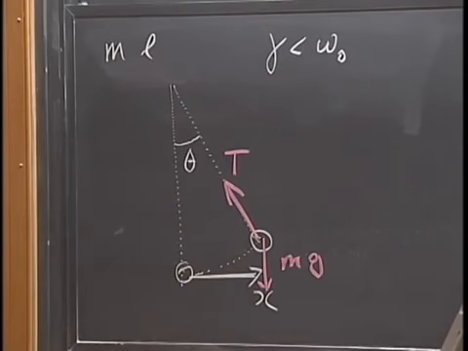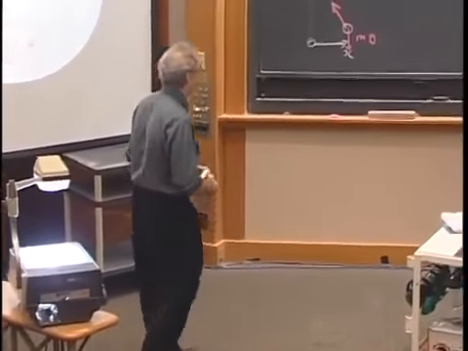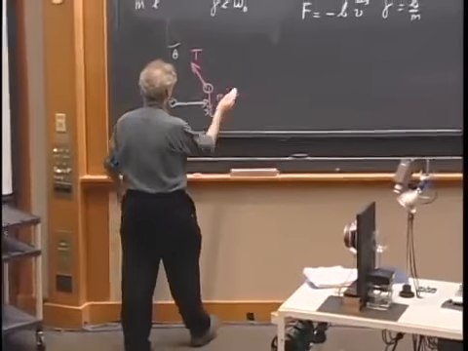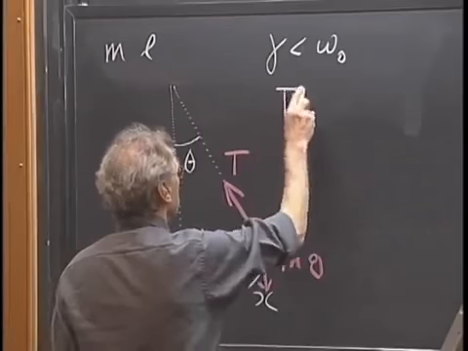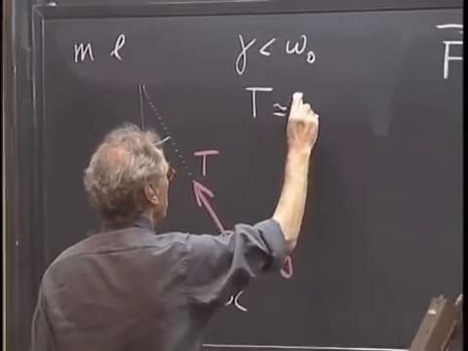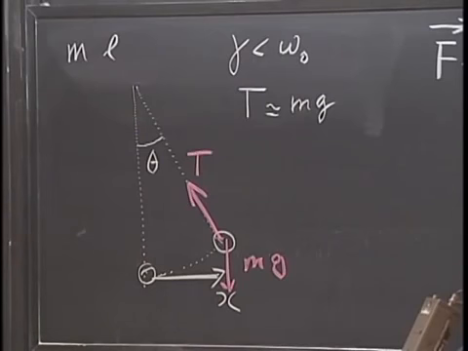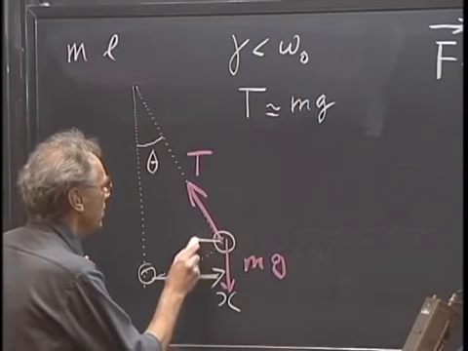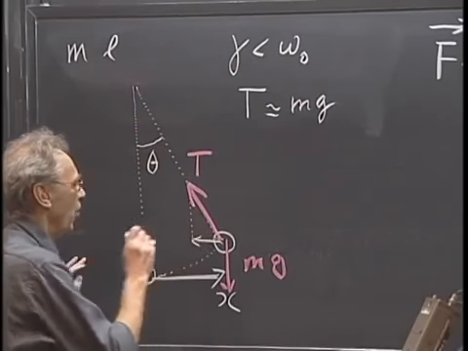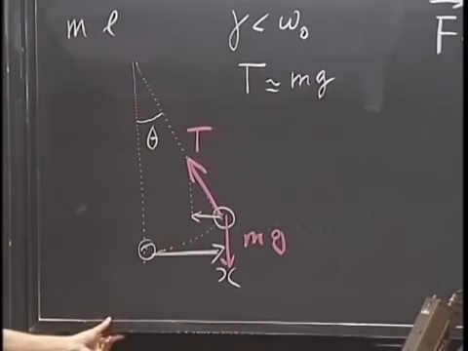Now, if we deal with small angles, as we have done before, more than once, then the tension T is very close to mg. So the only force that is driving it back to equilibrium, the only restoring force then, is the horizontal component of T. That's the only one that we are concerned about.